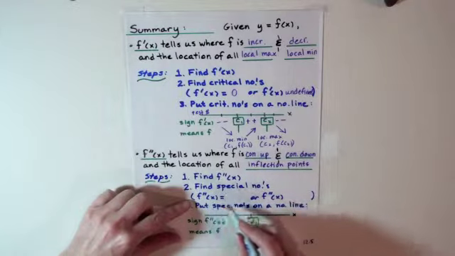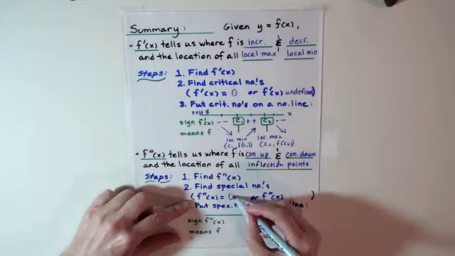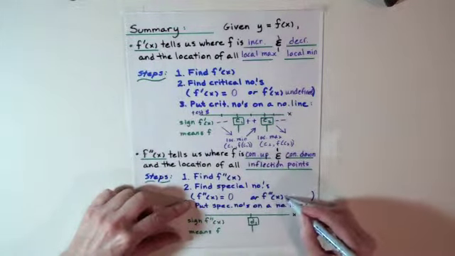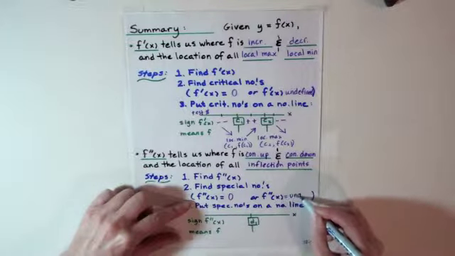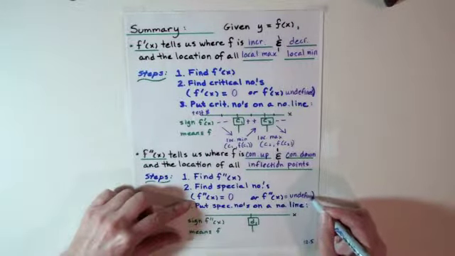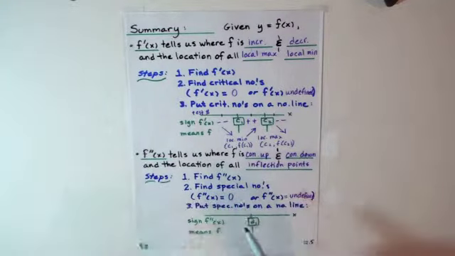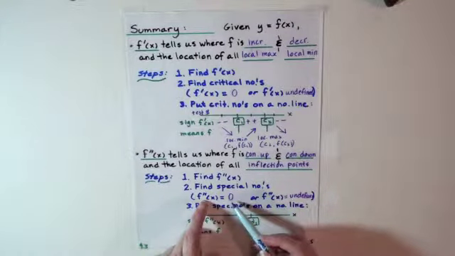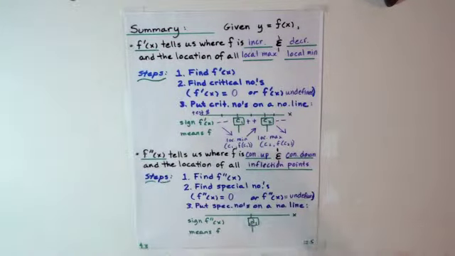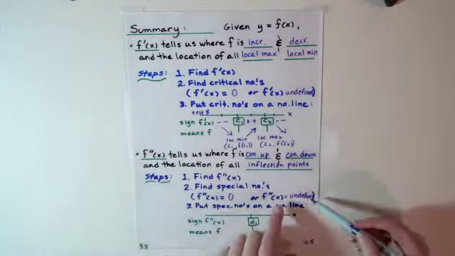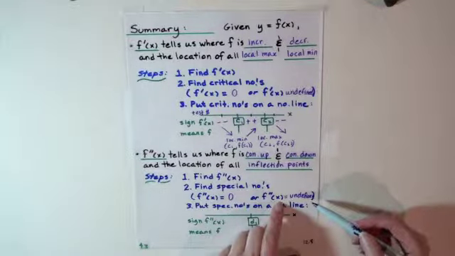You're looking for places where the second derivative is 0, or the second derivative is undefined. And if you have a fractional expression for f double prime, wherever the numerator is 0 will make the second derivative 0, and wherever the denominator is 0 will make the second derivative undefined.